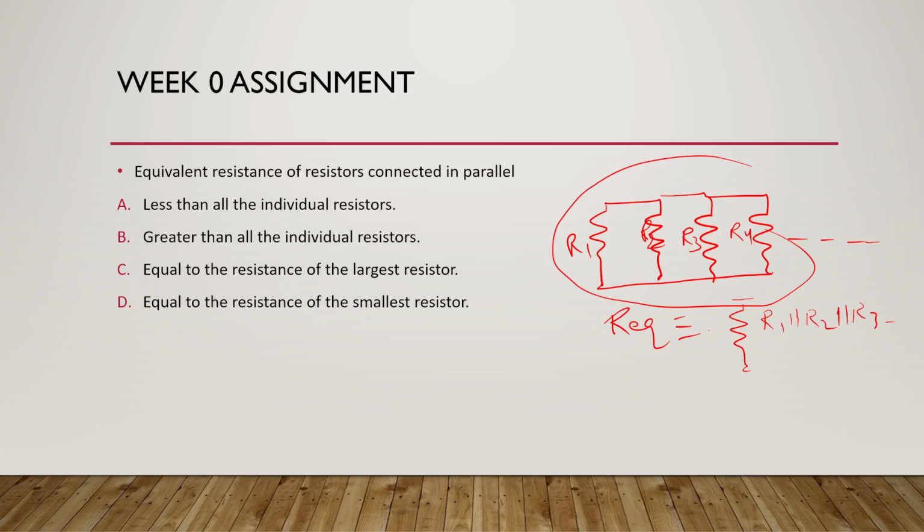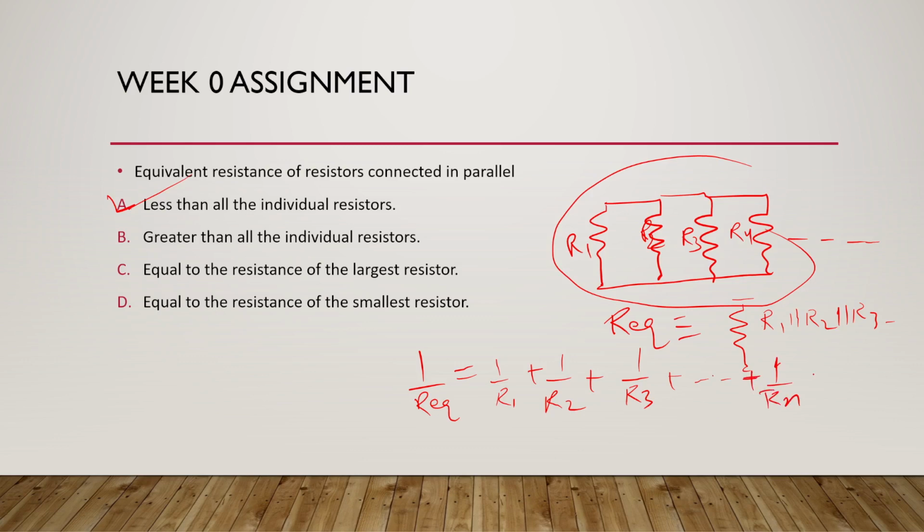The equivalent resistance of all the resistors connected in parallel is less than all the individual resistances. Basically, this is the correct answer. What is the equation? 1 by R equivalent is equal to 1 by R1 plus 1 by R2 plus 1 by R3 plus and so on up to 1 by Rn.